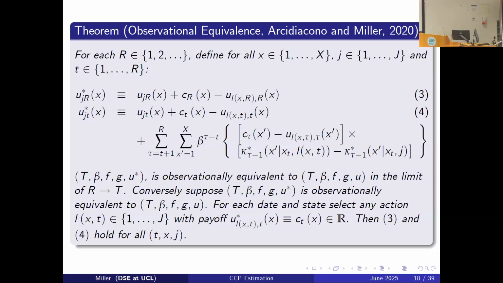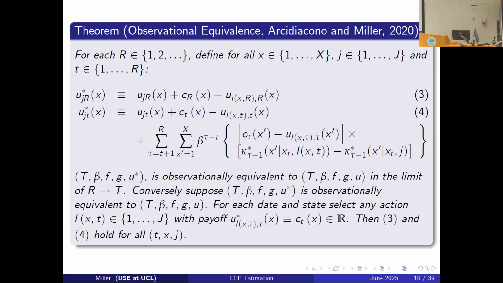That's going to affect the conditional value functions, because you're normalizing all the way through. But suppose you did that, then what we can say is that this construction is observationally equivalent. In other words, it will yield exactly the same probabilities as your true utility function. Let me rephrase this.